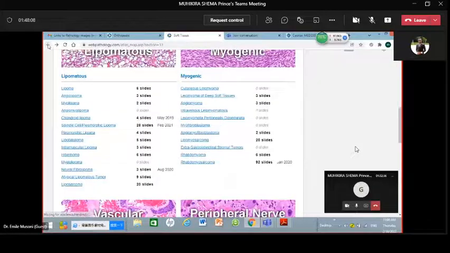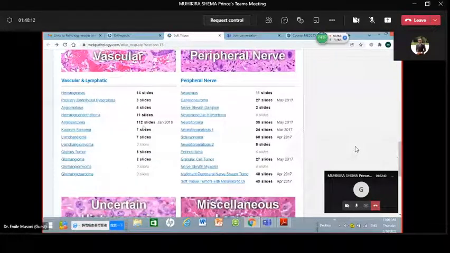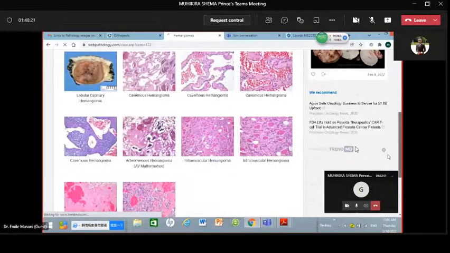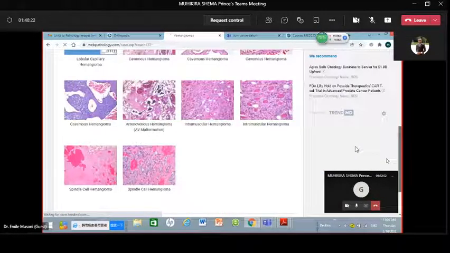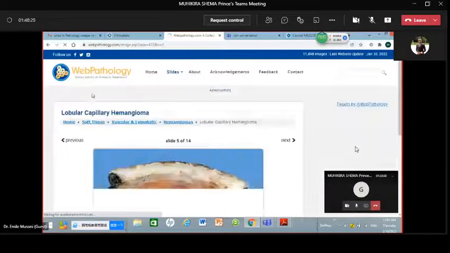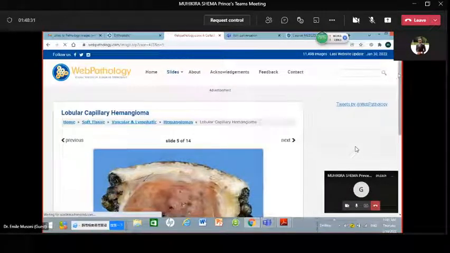Vascular, let us see the hemangioma. This is the lobular capillary hemangioma. This is an image of lobular capillary hemangioma.